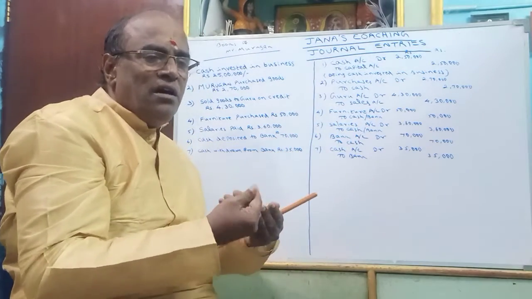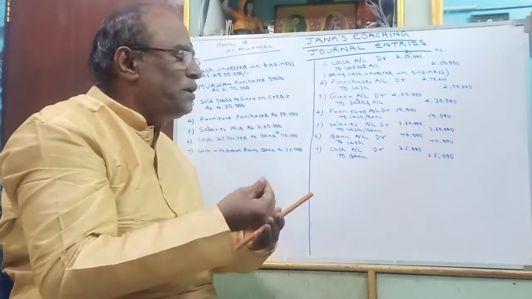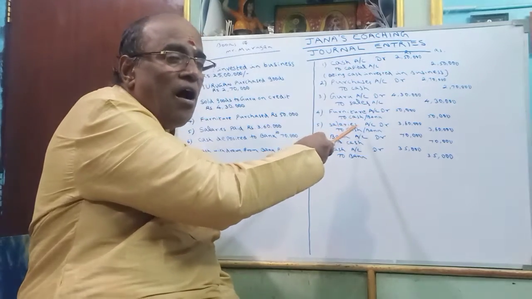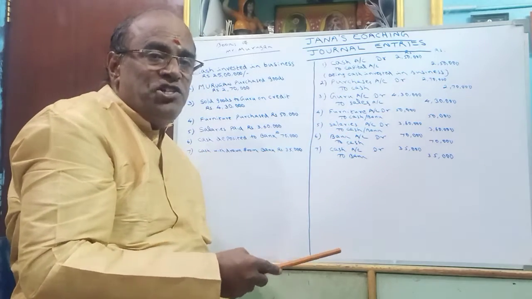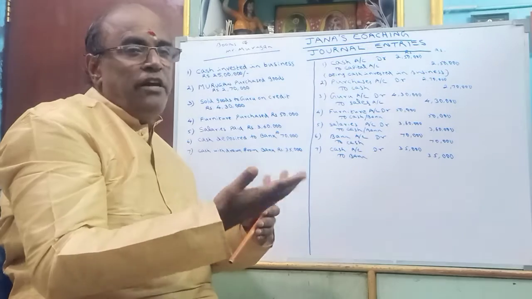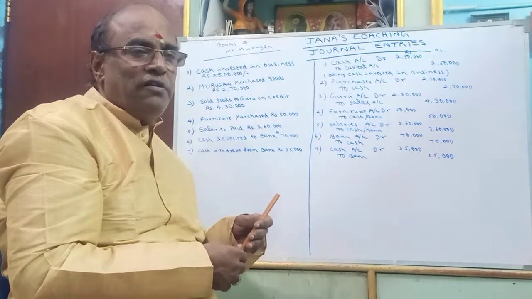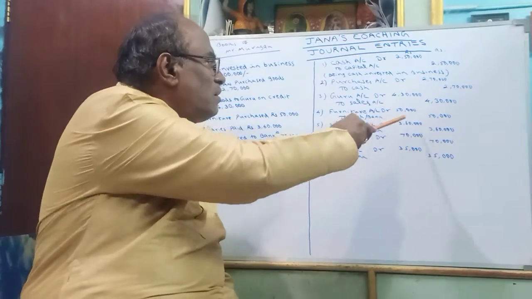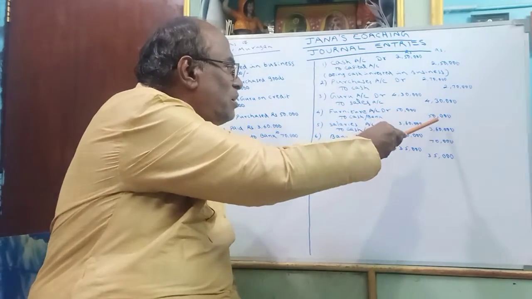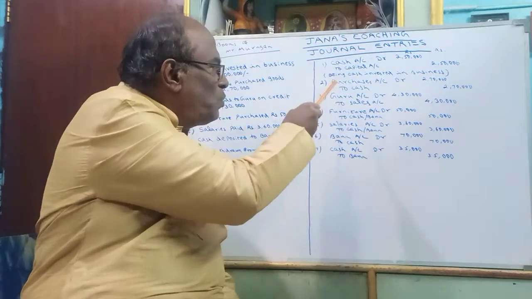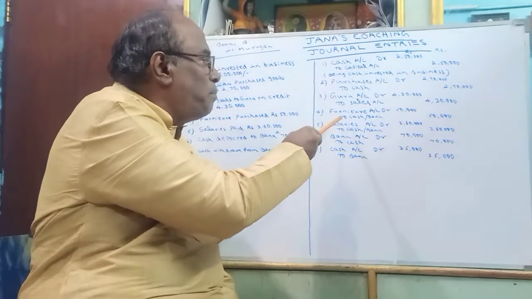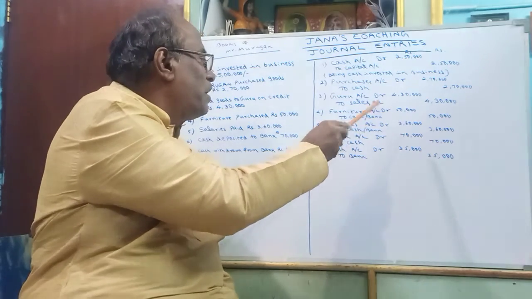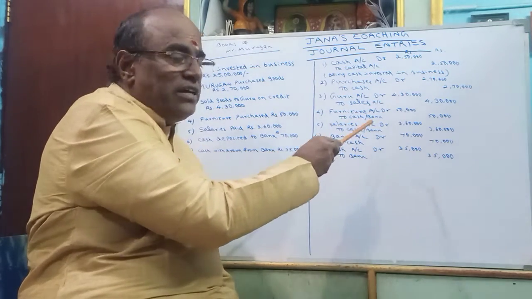If you are paying in cash, then you can mention credit to cash. Or if you are making the payment by cheque or through NEFT or whatever it may be, for a bank transaction you have to credit bank. 50,000 debit, 50,000 credit. For everything, the narration you have to enter: being furniture purchased for cash or through bank, like that.